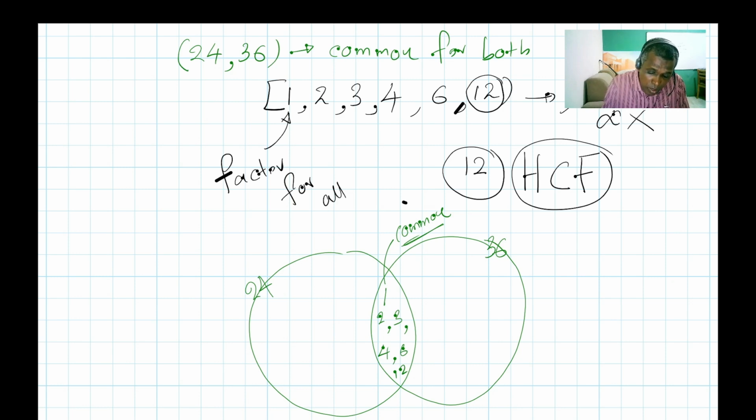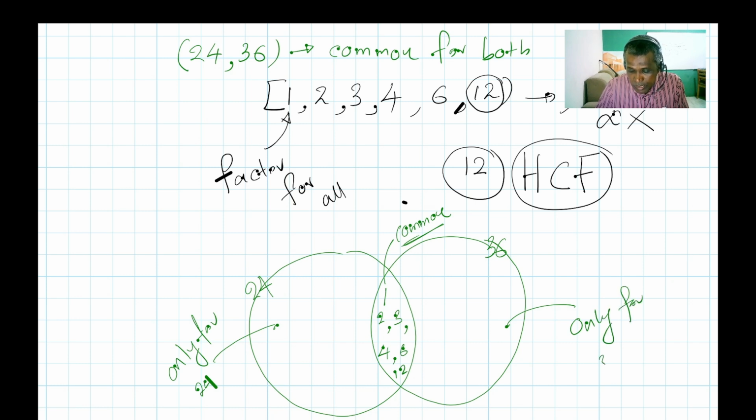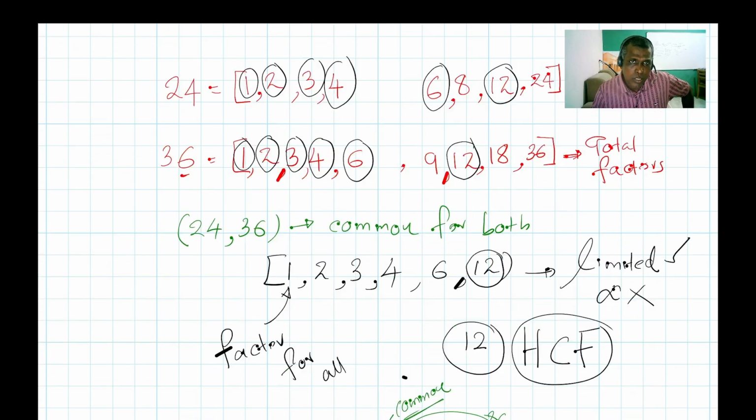That only belong to 24, and this one is only for 36. So what are the things that are only for 36? When I come to 24, these things I have already taken.